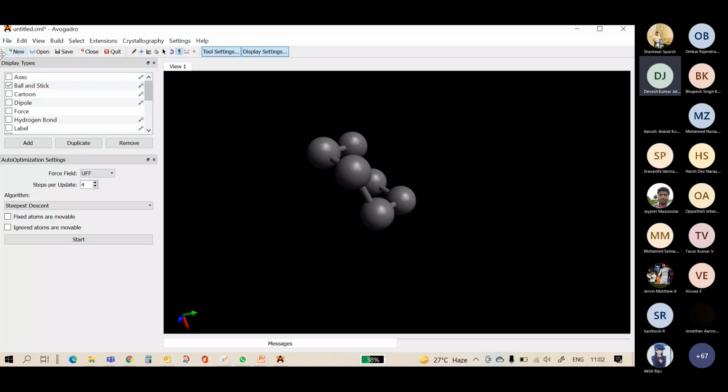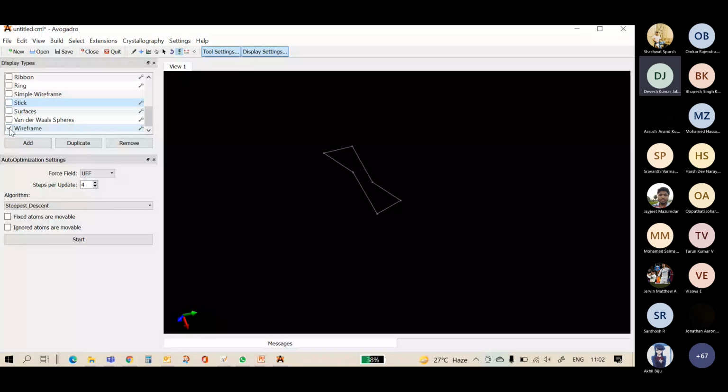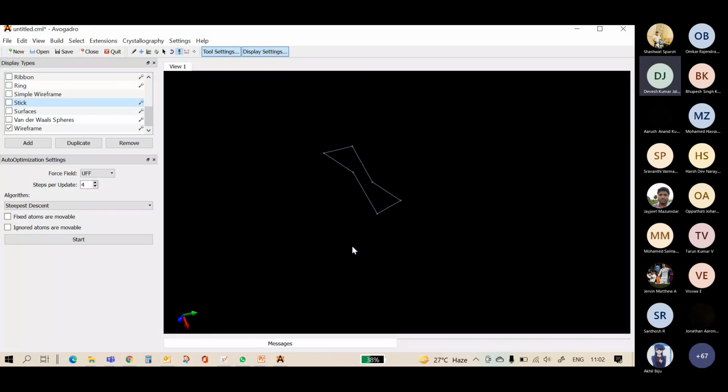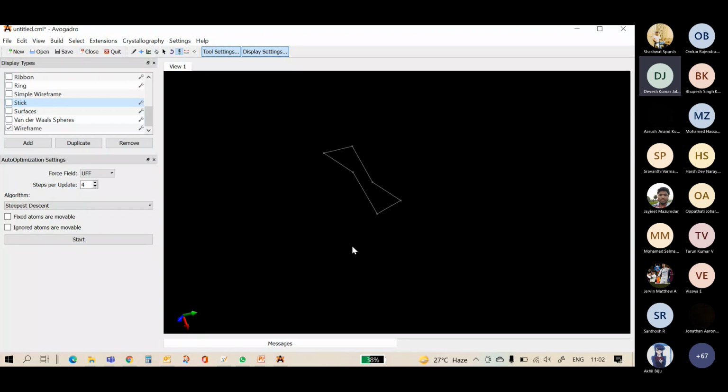So let me go to the display menu, uncheck ball and stick, and go for wireframe. Now what do you see? What do you guys see? What shape is this? Guys, do you hear me?